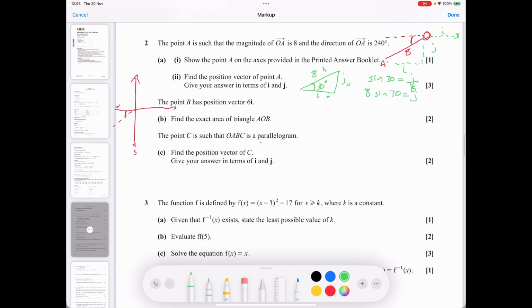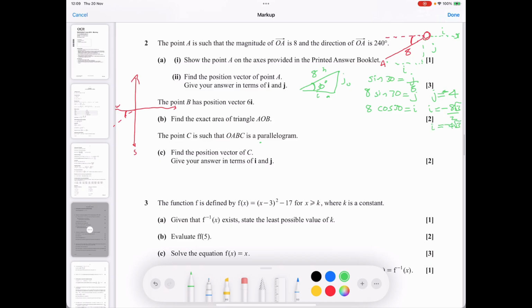And we know sine 30 equals half, so j equals 4, or in this case, minus 4. And we know that 8 cos 30 equals i, and cos 30 is root 3 over 2. So i equals negative 8 root 3 over 2, which equals minus 4 root 3.